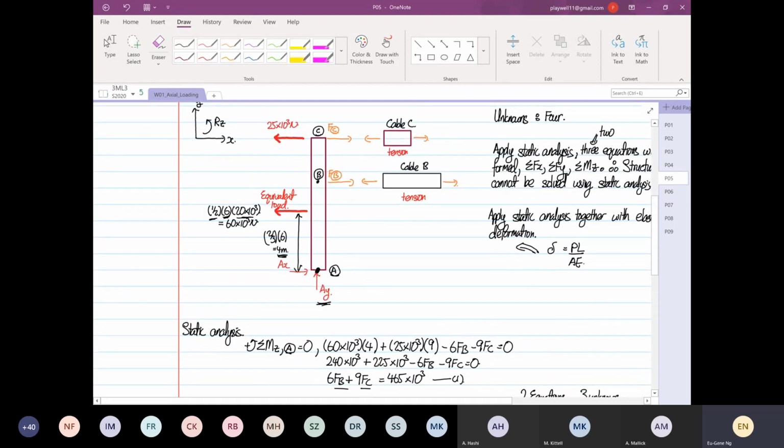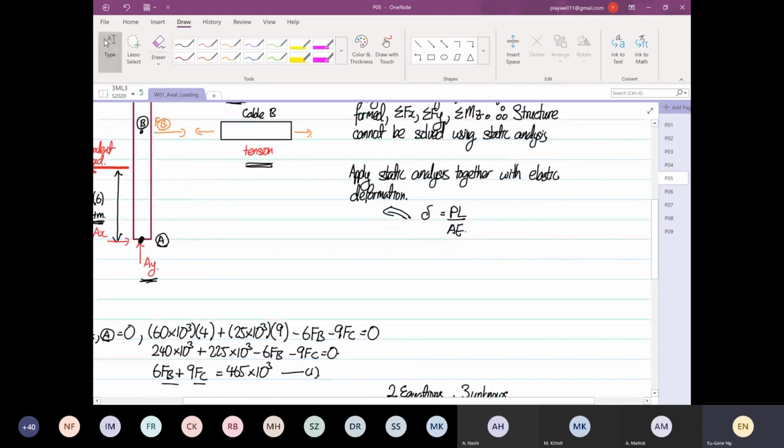Why did we pick these two? Because if anything will be under elastic deformation, it will be cable B and C. We already assume that member ABC is a rigid body. When it's a rigid body, it does not deform.